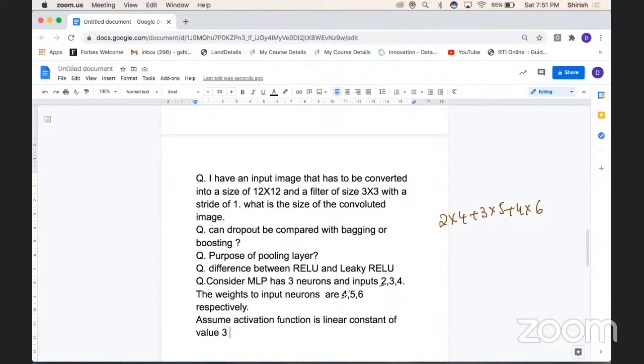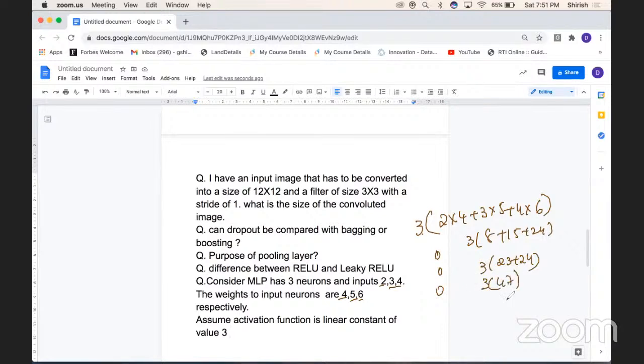I'm going to write 2, 4, 3, 5, 4 and 6. 3 neurons are there. So you add up: 8 plus 15 plus 24. This is 23 plus 24.